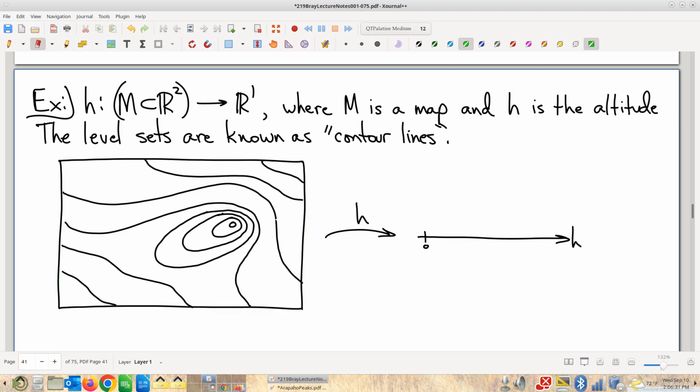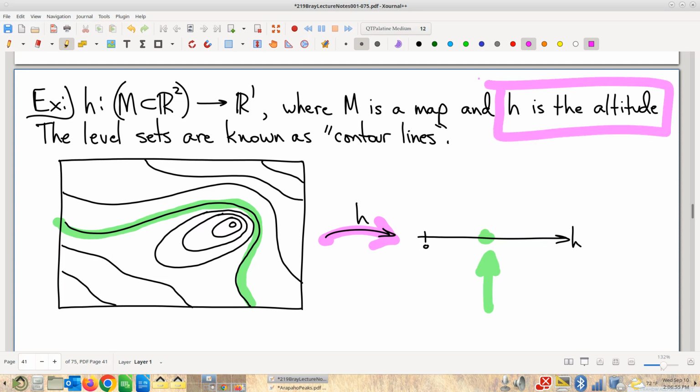Anyway. So topographical map, the big idea is that every curve on a topographical map represents a constant altitude. So if it represents a constant altitude, that means it represents a fixed constant value of the function that tells you altitude, namely the altitude function.